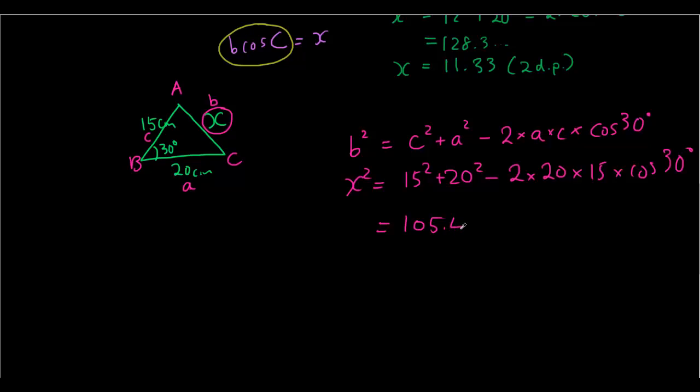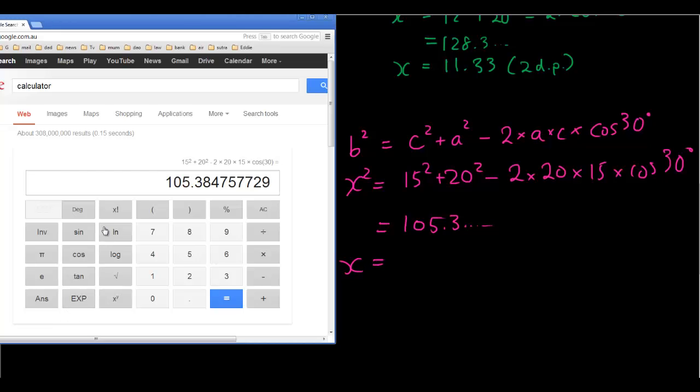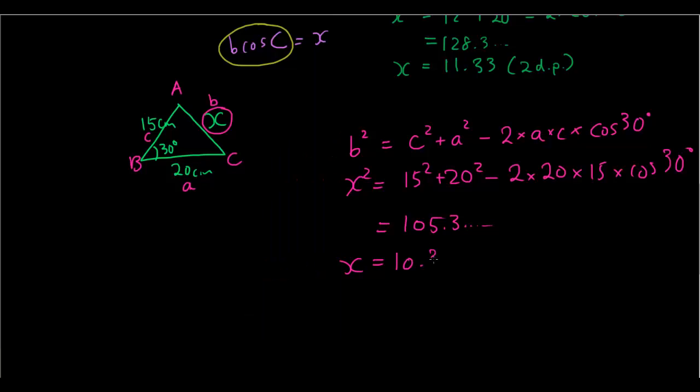Actually, you shouldn't round before you get to the final answer. So x is equal to the square root of that. So square root it, and we have 10.26. So 10.3 centimeters.